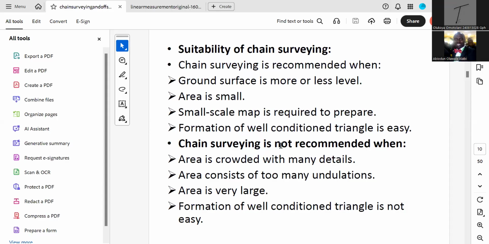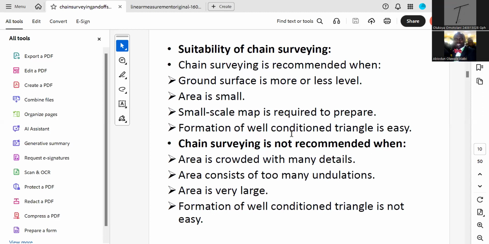When we have many details, you can't use chain survey in that area. The area consists of too many undulations, that is, the place is not relatively flat, you can't deploy chain survey. The area is very large, formation of a well-conditioned triangle is not easy. So it's just the opposite of the recommendation given.